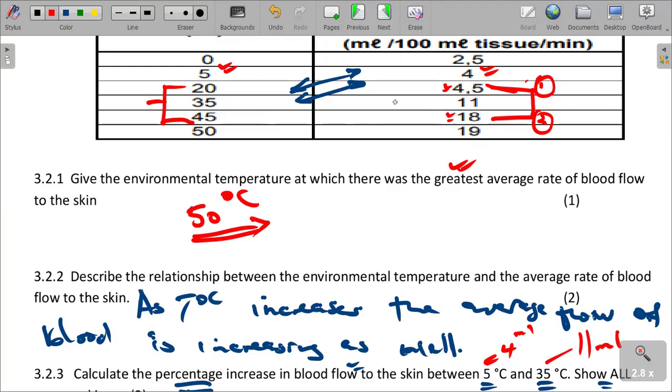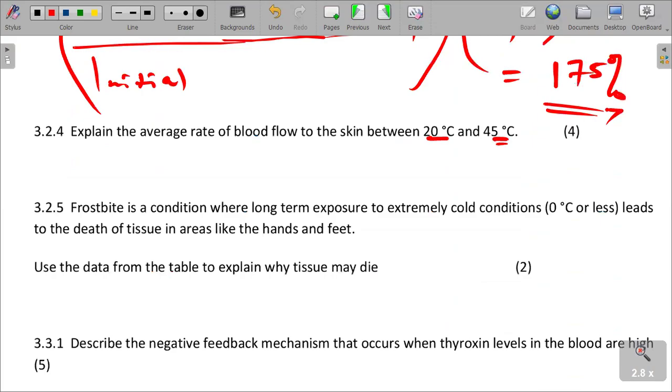So the question is saying, explain the average rate of blood flow to the skin between those.